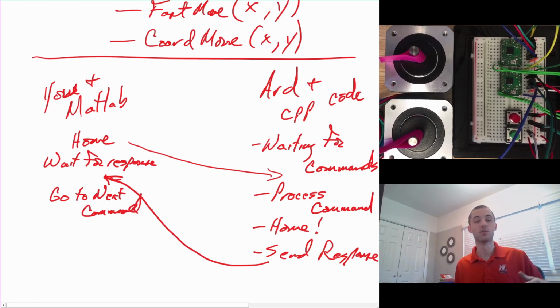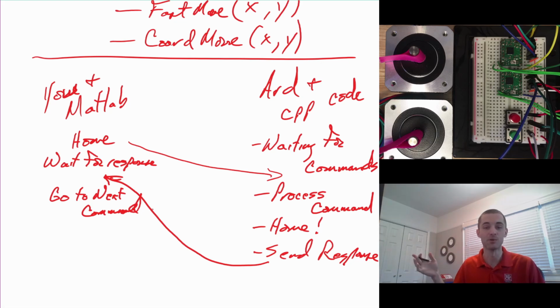So the Matlab code sends some type of command, home, fast move, coordinated move, sends it over to the board. The board receives it, performs that operation, sends a response back, and Matlab is sitting there waiting for that response and then goes on to the next line of code.